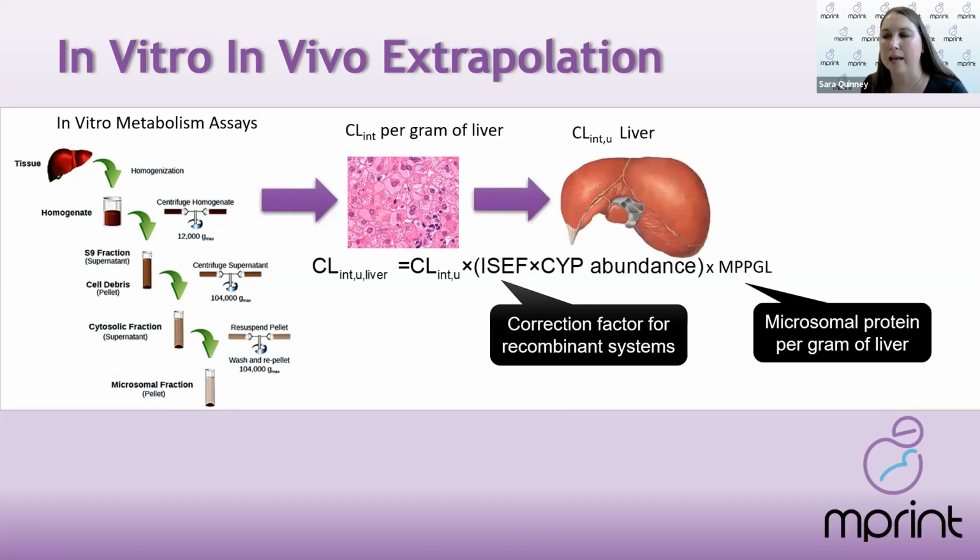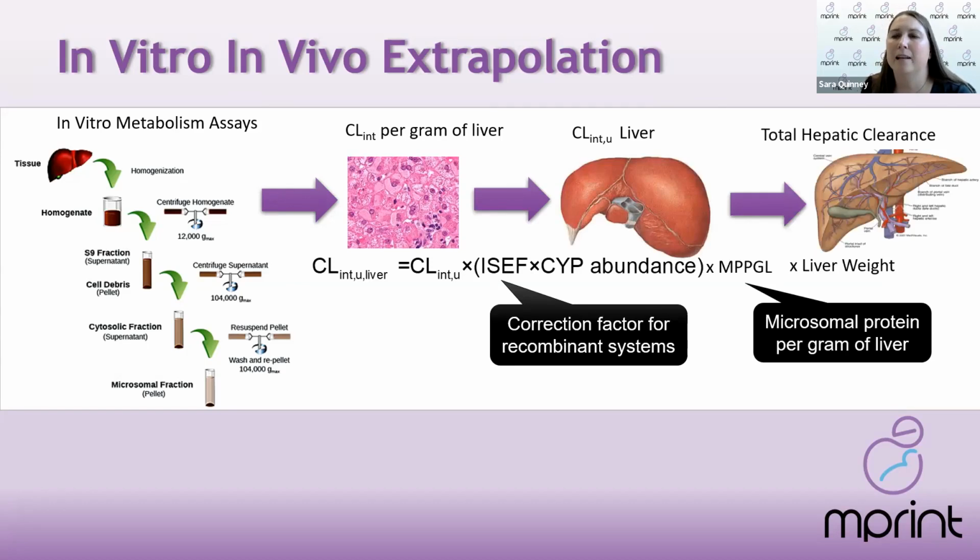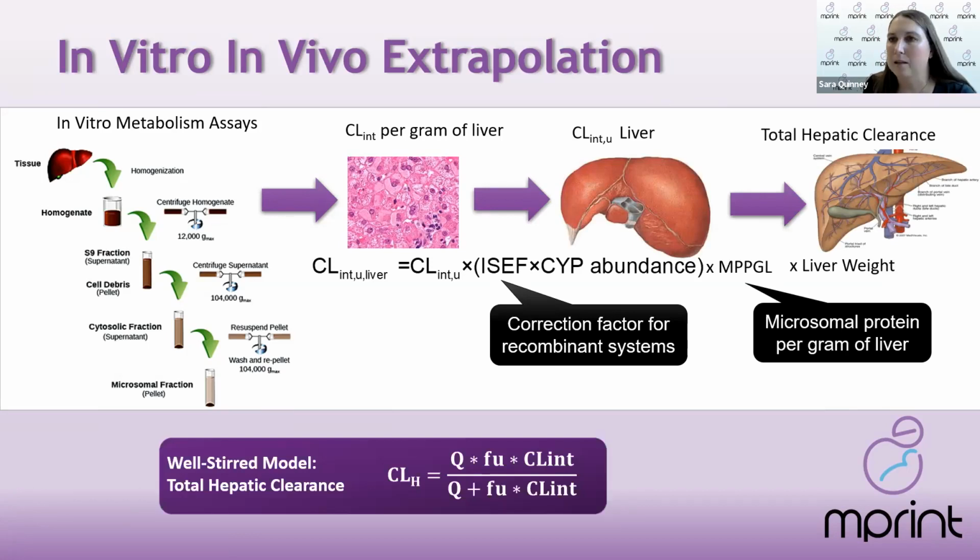We then further scale it into the liver intrinsic clearance by multiplying this by the microsomal protein per gram of liver. And finally, based on the liver weight, we can estimate a total hepatic clearance. Typically, this is done using the well-stirred model that is shown here in the purple box at the bottom.